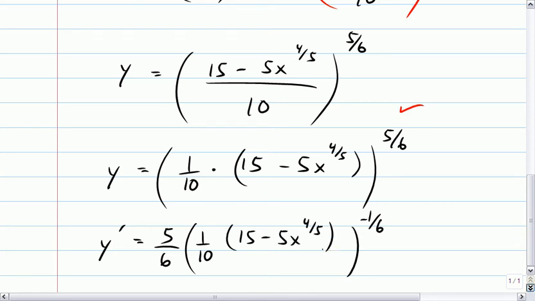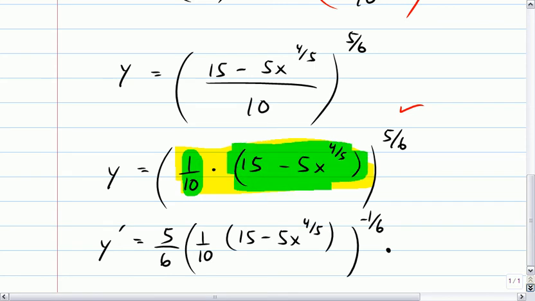And then I go to the inside. What's the derivative of this inside stuff? Well, I have 1/10 times a function. So the derivative of 1/10 times a function is 1/10 times the derivative of that function. So the derivative of what's in green there, well, the 15 goes away.